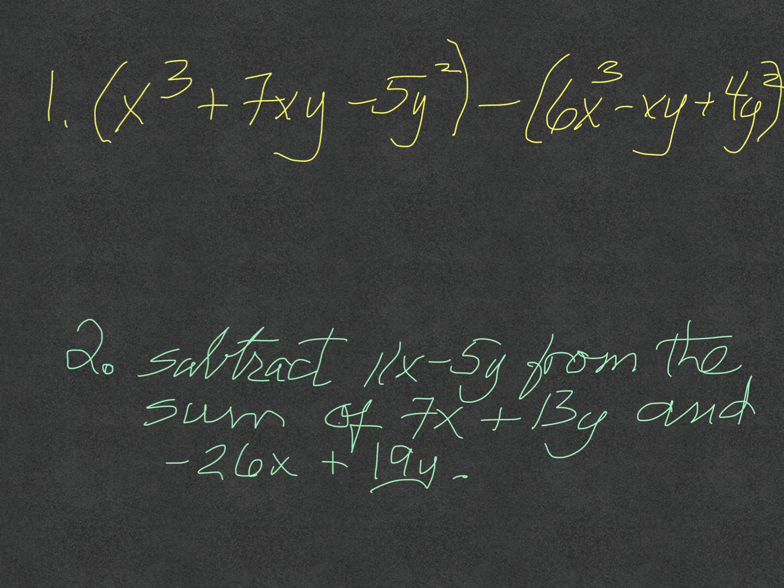This is a subtraction. Since I have a subtraction right here, when I subtract a quantity, that means essentially I'm adding the opposite of each of those. So I'm going to write x cubed plus 7xy minus 5y squared.